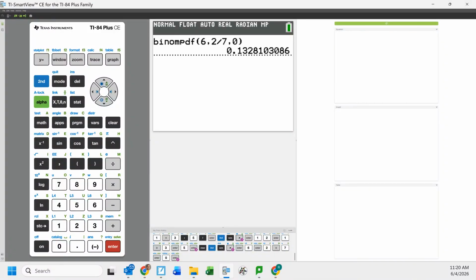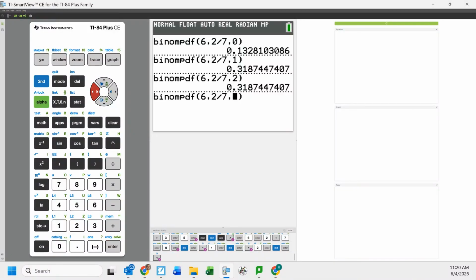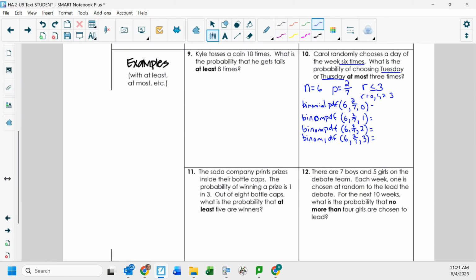So 0 is 0.1328. I can press second enter now, change that 0 to a 1, and I get 0.3187. Change that 1 to a 2, get 0.318744, same answer. Second enter, change that 2 to a 3, 0.1699.